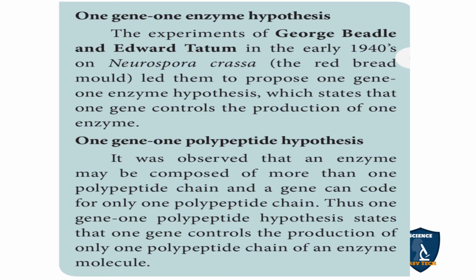And the one gene, one enzyme hypothesis. The experiment of George Beadle and Edward Tatum in the early 1940s on Neurospora crassa, the red bread mold, led them to propose the one gene, one enzyme hypothesis, which states one gene controls the production of one enzyme.